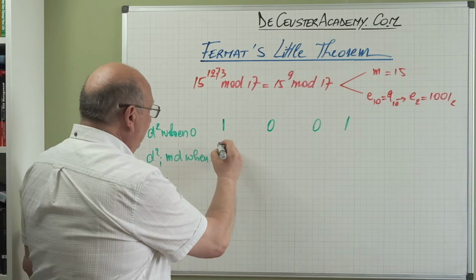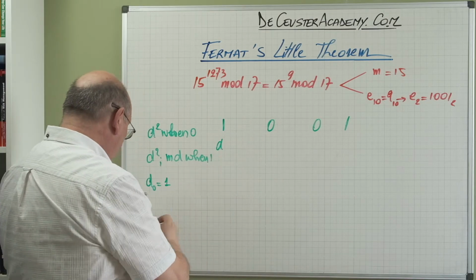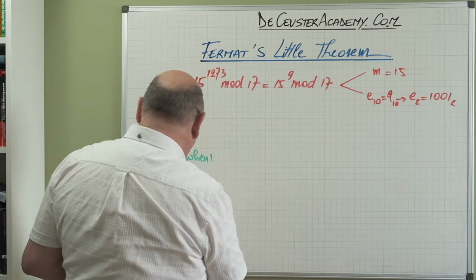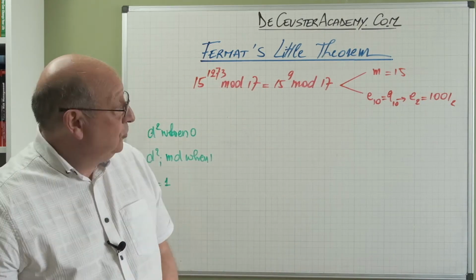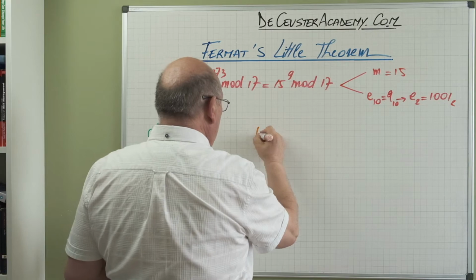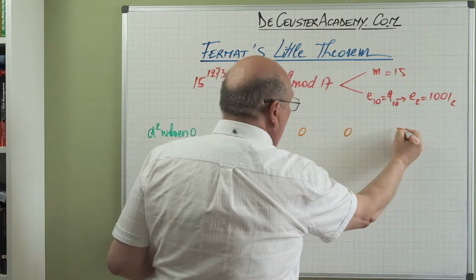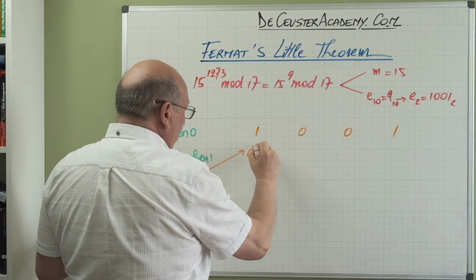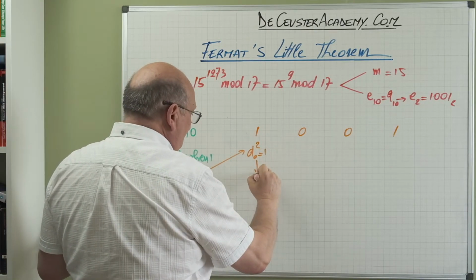So basically we have here d0, I will take a different color to show this and put that a little bit farther away. So we have 1, 0, 0, 1, so we have d0 to the square is equal to 1.